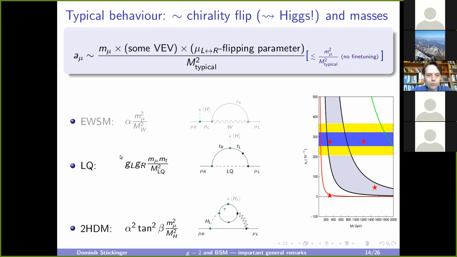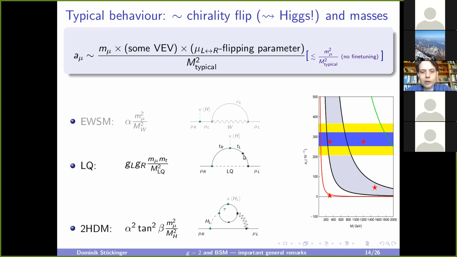An extremely interesting idea for new physics is leptoquarks. Leptoquarks couple muons or leptons directly to quarks, and an example is a leptoquark that couples the muon to a top quark. Then what can happen is that you take the right-handed muon, couple it to the right-handed top quark, then the top flips its chirality by coupling to the Higgs vacuum expectation value.